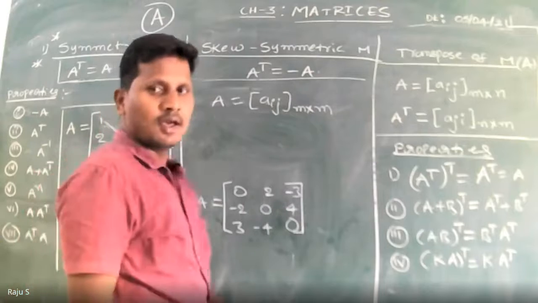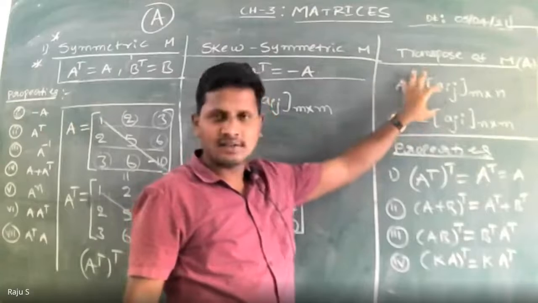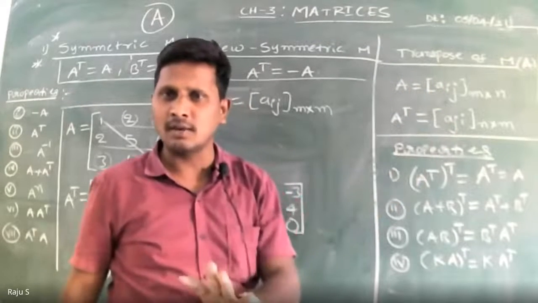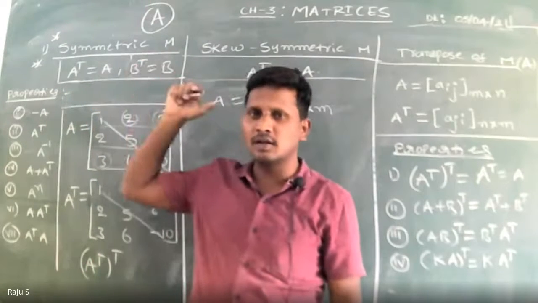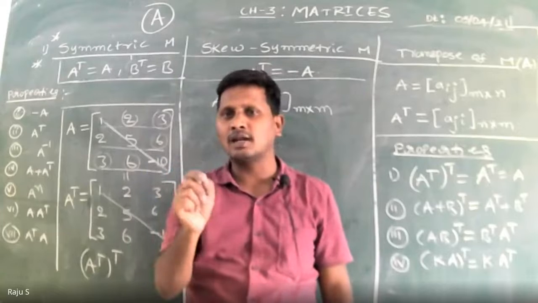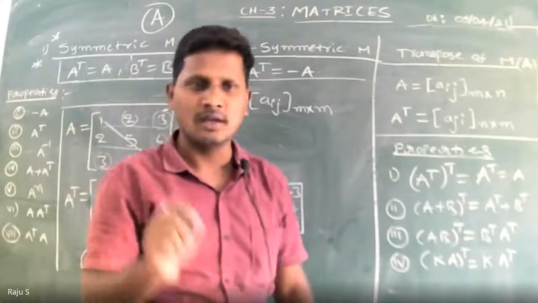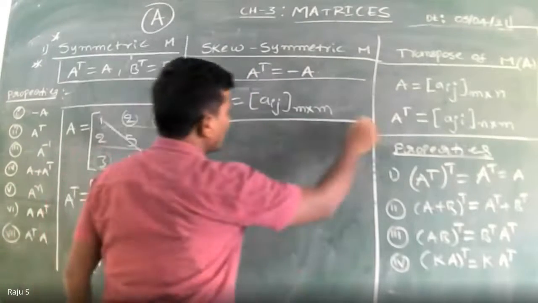Also remember that to find the transpose of a matrix, A may not be a square matrix, but coming to symmetric and skew symmetric, the given matrix must be a square matrix. Look here, I am going to give you two more examples.